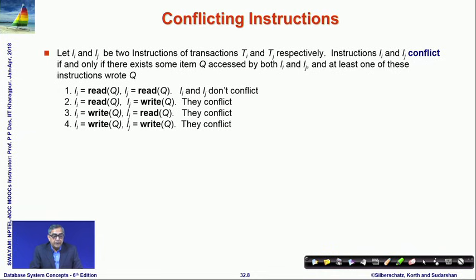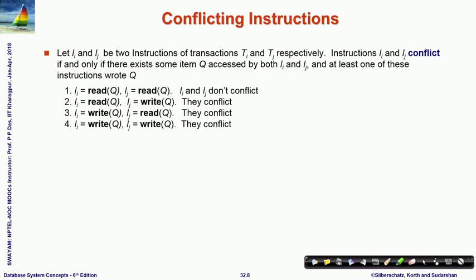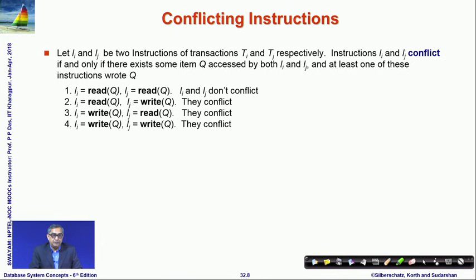Now, we say that suppose Ii and Ij are two instructions belonging to transaction Ti and transaction Tj. So, there are two transactions Ti and Tj. Ti has an instruction Ii, Tj has an instruction Ij, and we say that Ii and Ij will conflict if and only if there is some item Q, that is some data entity Q, which both Ii and Ij are trying to access, and at least one of these instructions tries to write.